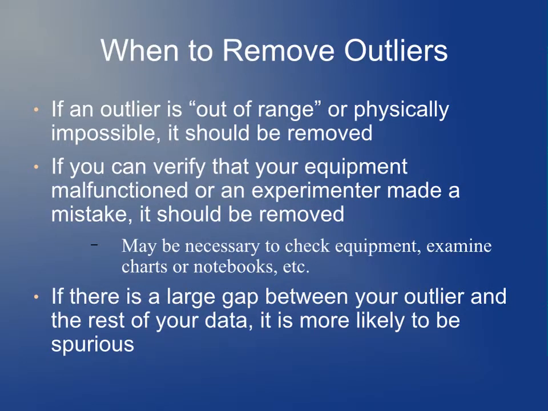And if there's a big gap between your outlier and the rest of the data, it's more likely to be spurious. If the data, for example, is extremely right skewed and you see a couple dots past the end of the box plot, that's not terribly unusual. On the other hand, if almost all the data is clumped together at the center and you just see a few at the very extreme end, then it's more likely that those are spurious.